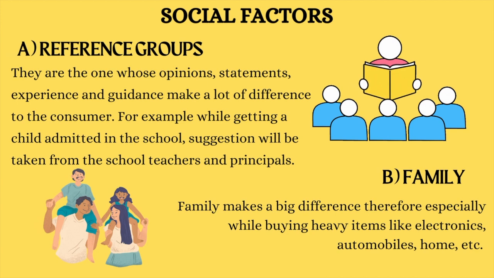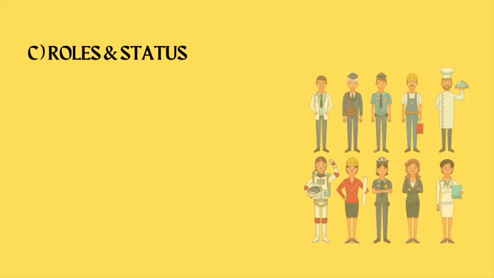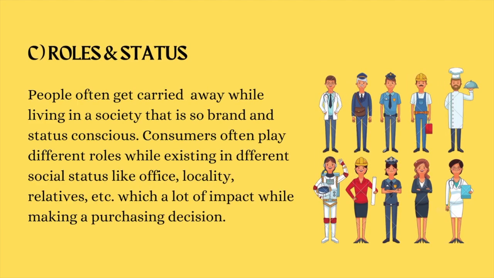If we're buying any bigger item into the house, that could be a television or a refrigerator or a car, it is always the immediate family that would help us in taking a decision, right? Another social factor that affects a lot is basically the roles and the status that we stay in, right? People often get carried away while living in a society that is so brand and status conscious, right?